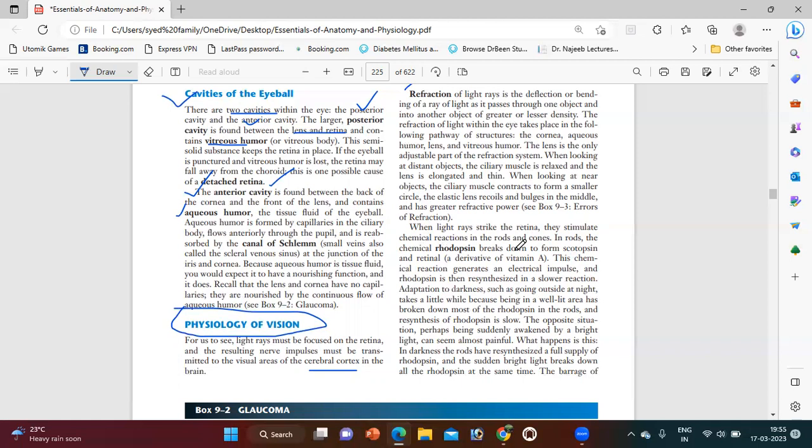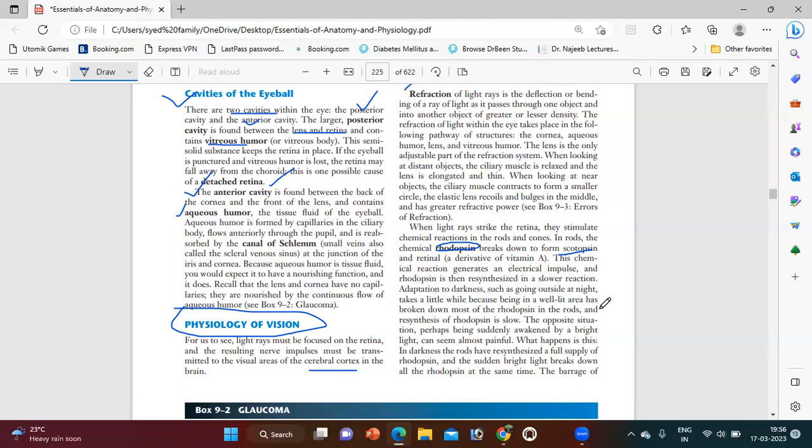In the retina we have rods and cones. They release a chemical substance called rhodopsin, which breaks down to form scotopsin and retinal, a derivative of vitamin A. This chemical reaction generates an electrical impulse, and rhodopsin is then resynthesized in a slower reaction.